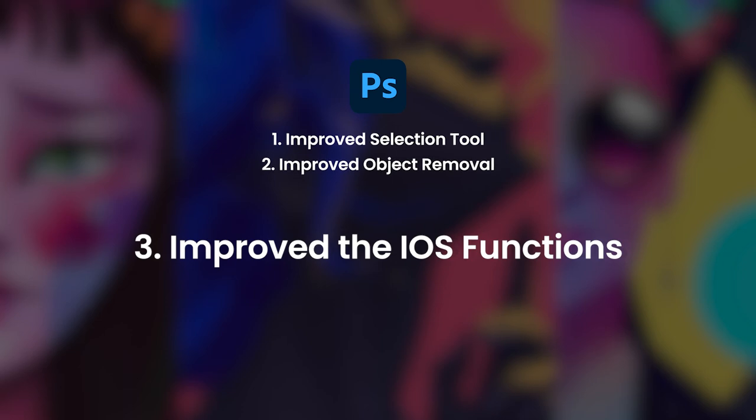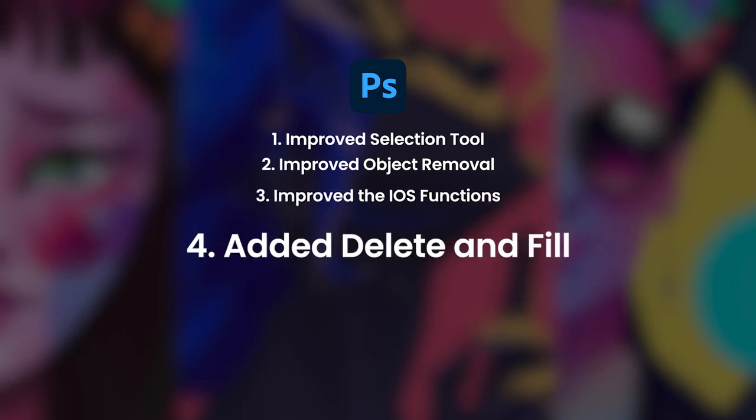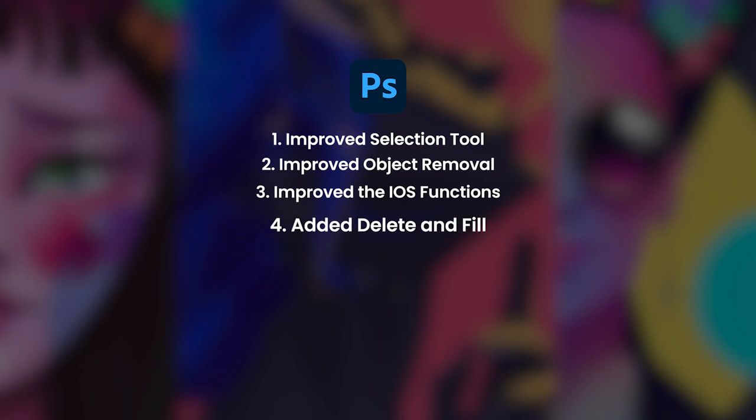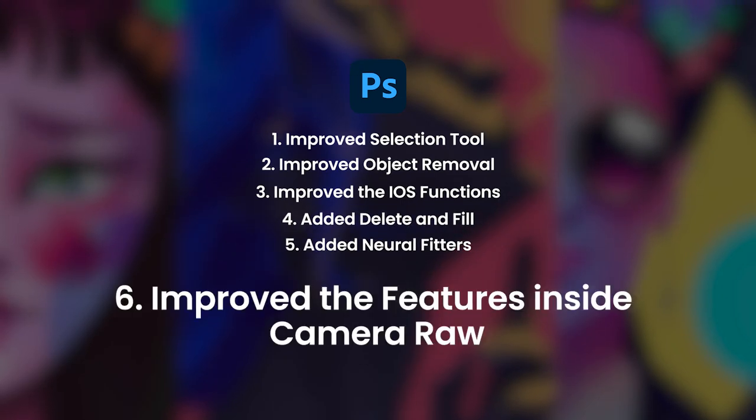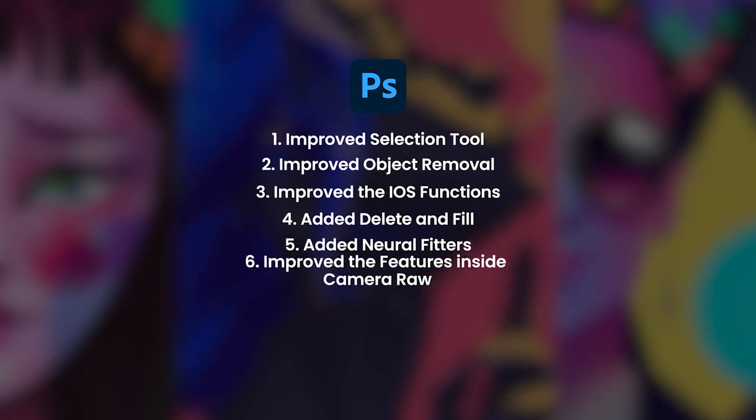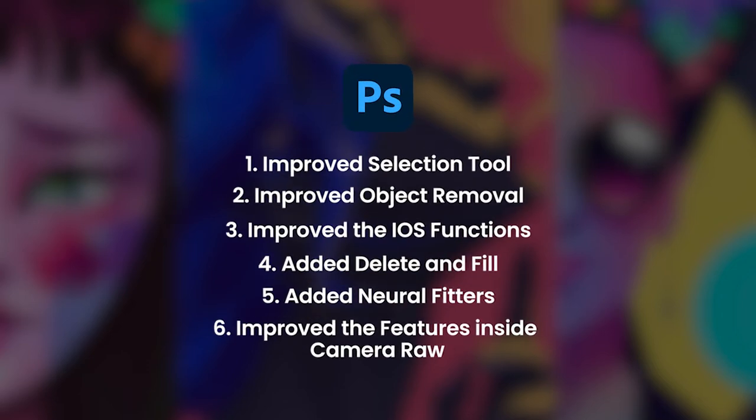The third one is they have improved the iOS functions as well. Number 4 is they've added delete and fill. Number 5, they've added neural filters. And number 6, they have improved the features inside Camera Raw. So these are the 6 updates or new features added to Photoshop.